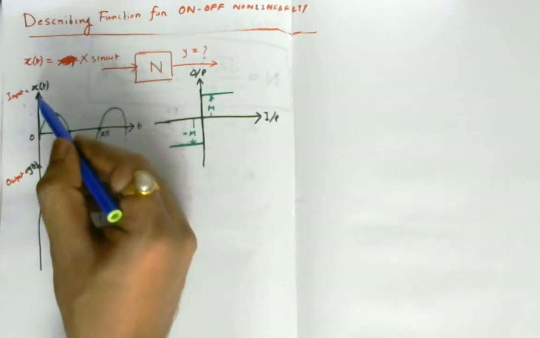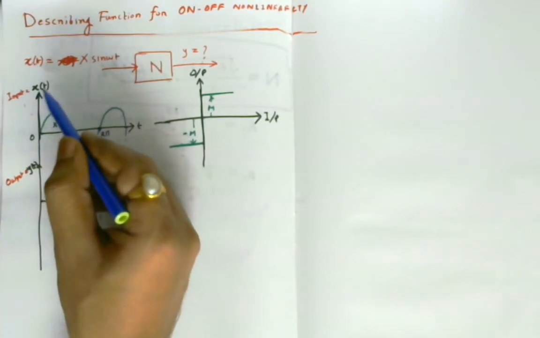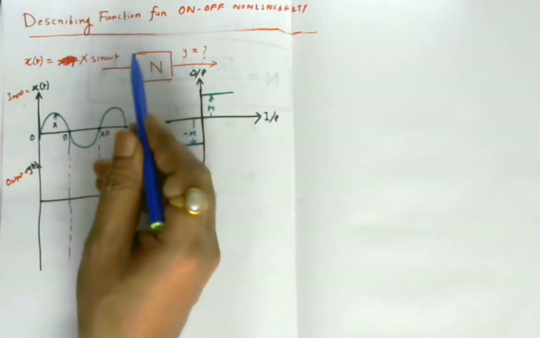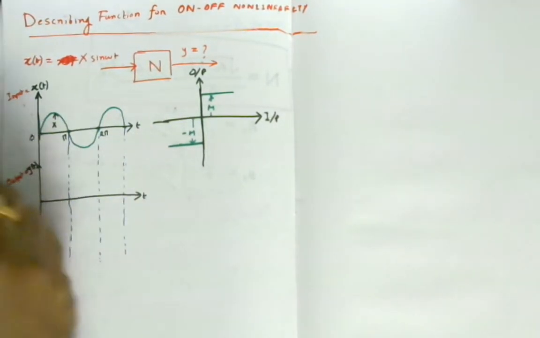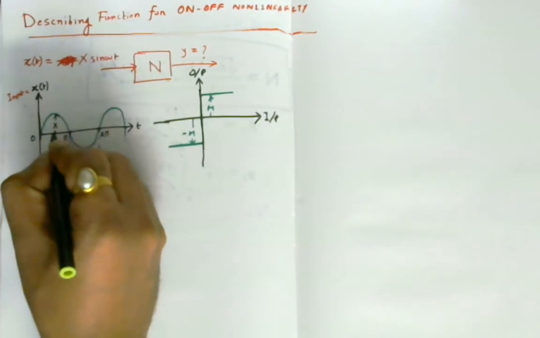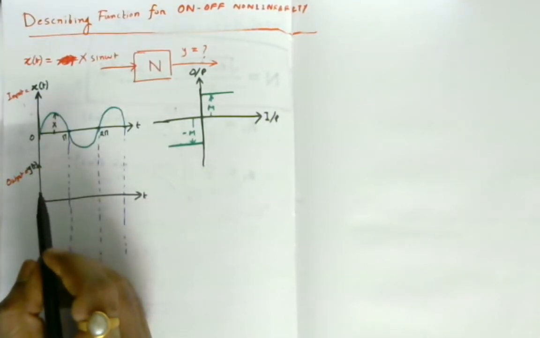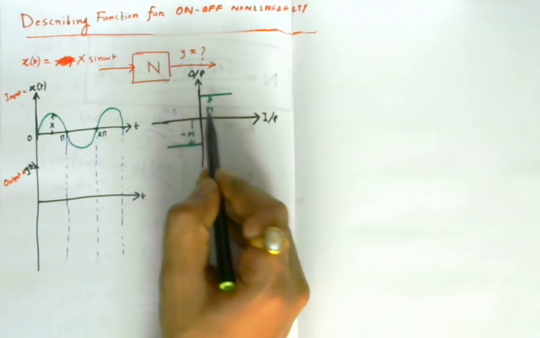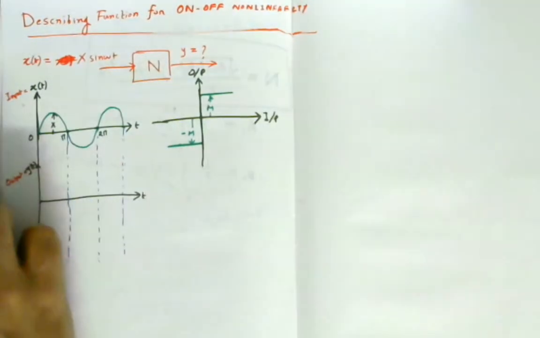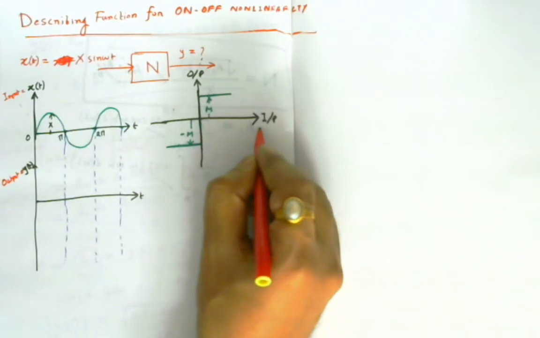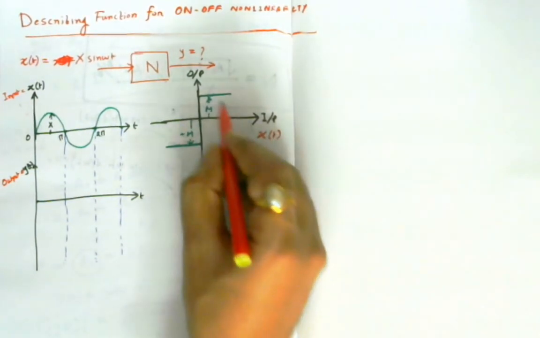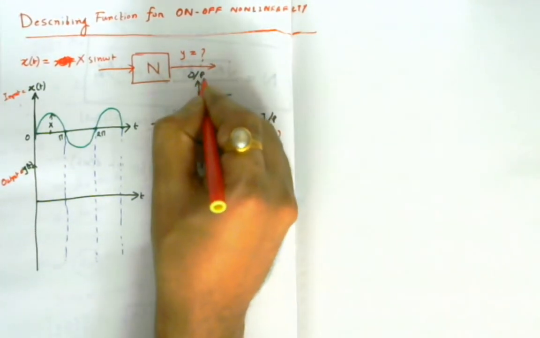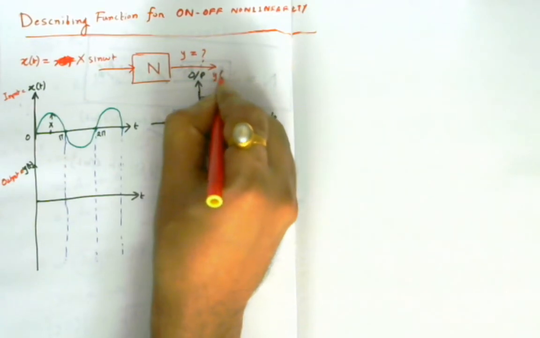Now xt is the input function, which is sinusoidal. Now yt, what about yt? Along the characteristics curve, the x-axis is input, which is xt, and along the y-axis it is output, which is yt.